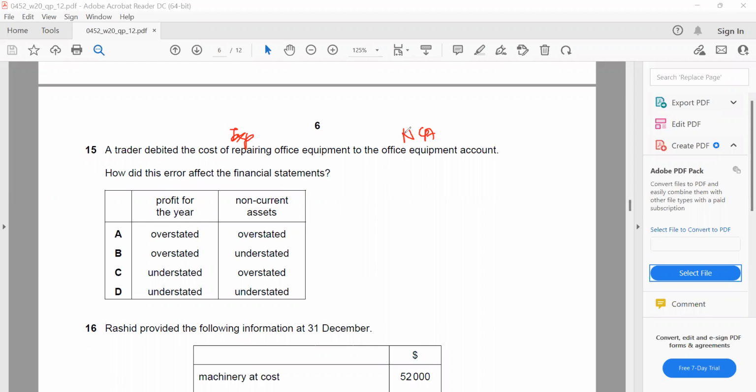So when this is recorded to the non-current asset, expenses are understated, non-current asset overstated. Expenses understated, profit will be overstated. So profit for the year will be overstated, whereas the non-current asset increase will be overstated. So the answer should be A.